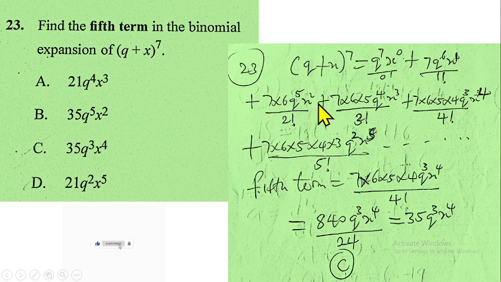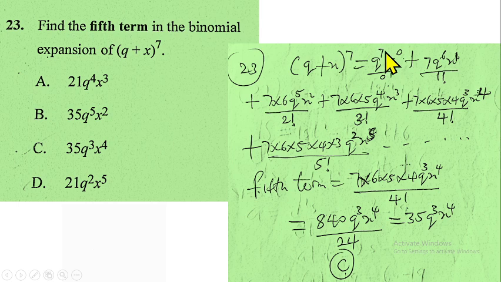Increase the power of s by 1, that will give us s squared over 2 factorial. Plus, 5 comes down as well, you have 7 times 6 times 5. Remove 1 from the power, q raised to power 4. Increase the power by 1, s raised to power 3 over 3 factorial. Then 4 comes down again, 7 times 6 times 5 times 4. Remove 1 from the power, 3. Add 1 to the power, s to the 4 over 4 factorial.